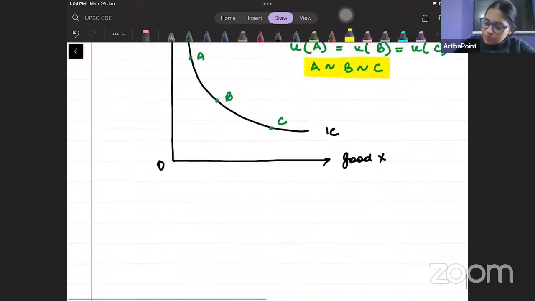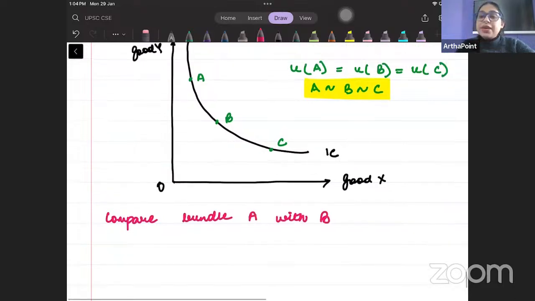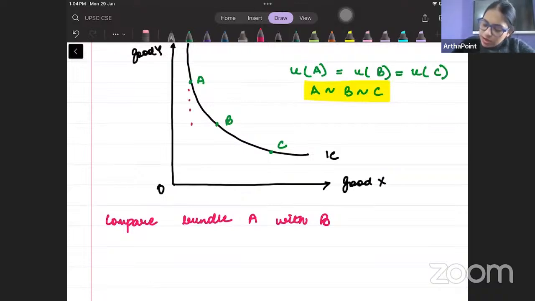Now understand carefully. If I compare bundle A with B, I will find that the amount of good X has increased.